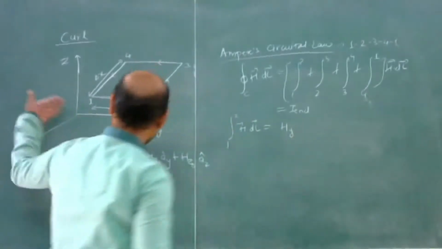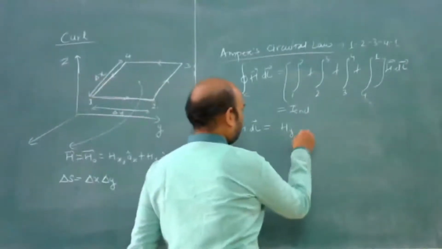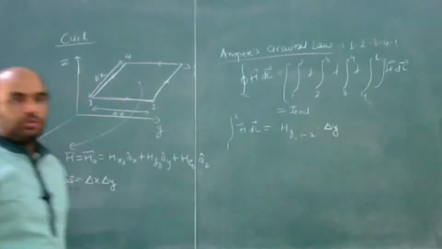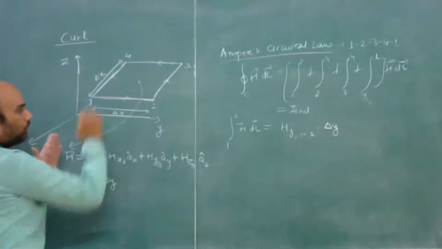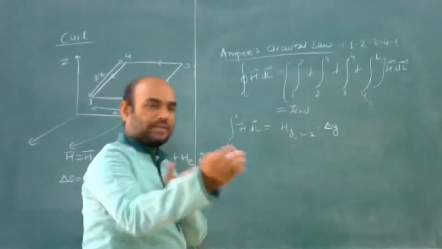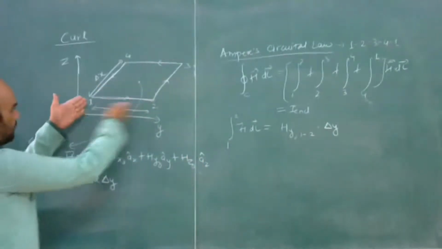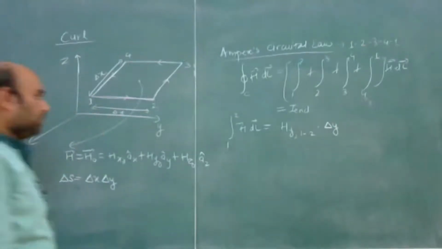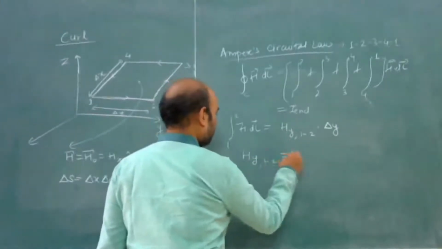Since it is along the y-axis, this will be Hy from 1 to 2, into delta y. So let's suppose the value of H from 1 to 2 is Hy 1 to 2, and the length of this incremental side from 1 to 2 is delta y. So what will be Hy 1 to 2?